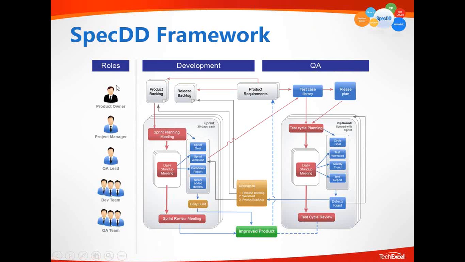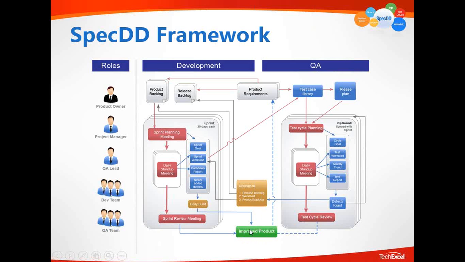They are the active drivers of these processes. So if you think about it, there are product requirements. These are the artifacts that the development process and the QA process use to make the product requirements become working software.